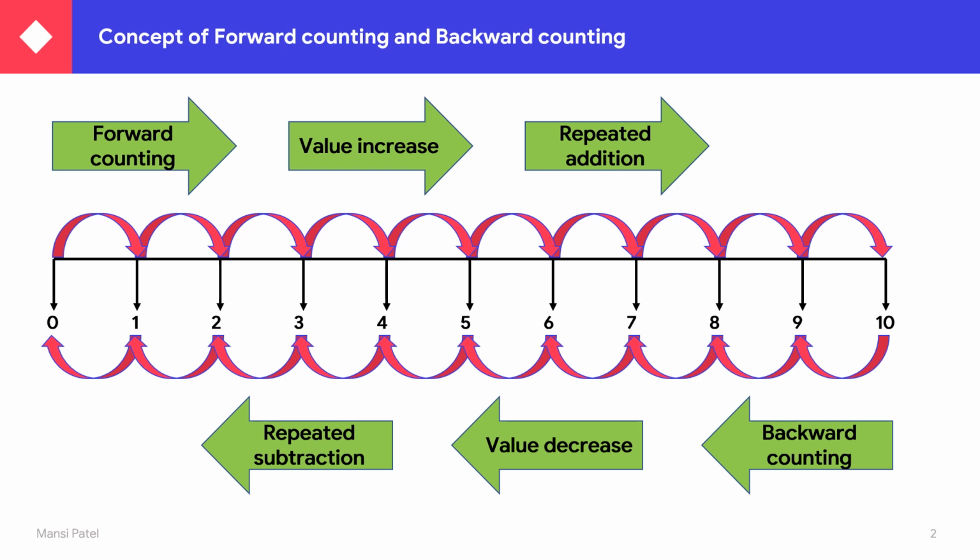And in backward counting, we have to do repeated subtraction. Subtraction means minus. So we can say that when we count backward, we take away a number from each number. If it is counting by ones, then we take away 1. If it is counting by twos, then we take away 2.